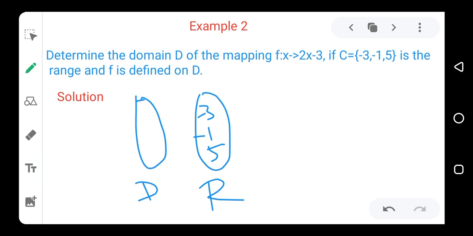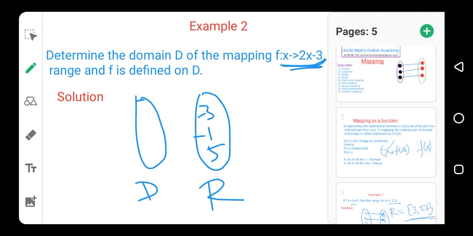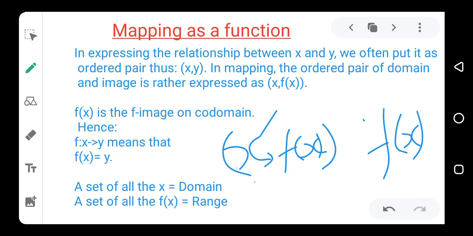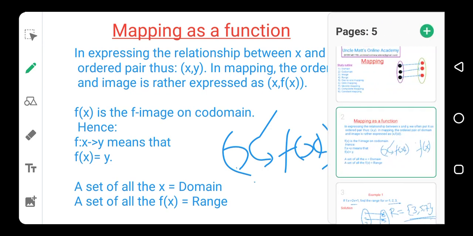So how do we do this? We still pick the relation, that is the expression that connects the x and f of x. That is this. That is the function given to us. Now like we said, when we say f is a function of x such that f of x is equal to y, it means that f of x is equal to y.